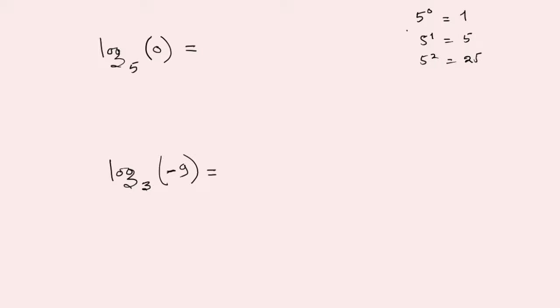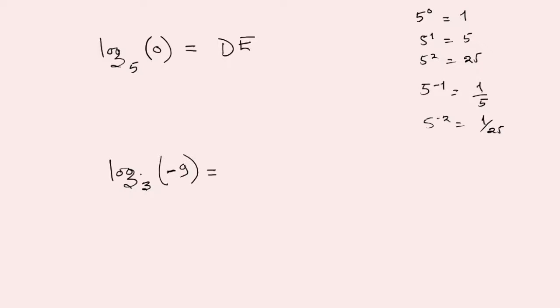So definitely no positive number satisfies this logarithm. What about negative numbers? If we raise 5 to the power of minus 1, what we have is 1 over 5. If you raise 5 to the power of minus 2, what you have is 1 over 25. So it's also looking like no negative number satisfies this logarithm. And so you can tell that the solution to this logarithm does not exist. And that's exactly what it is.